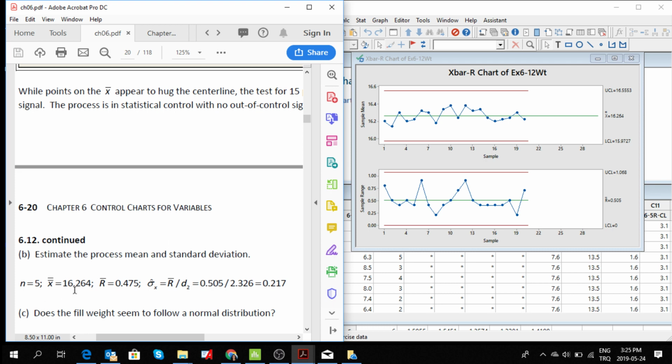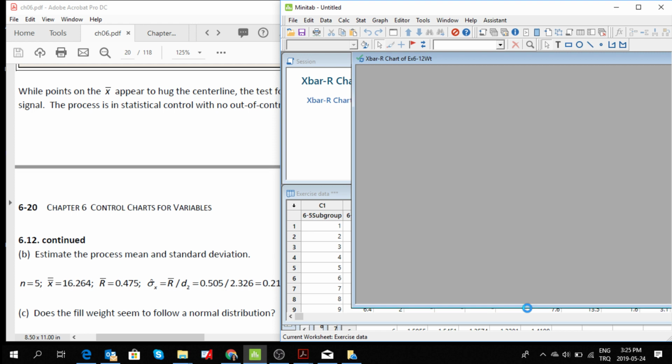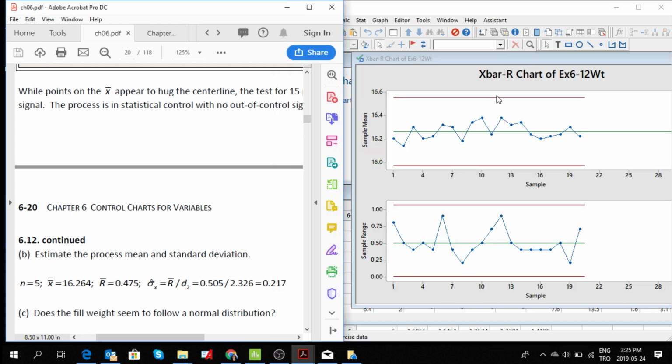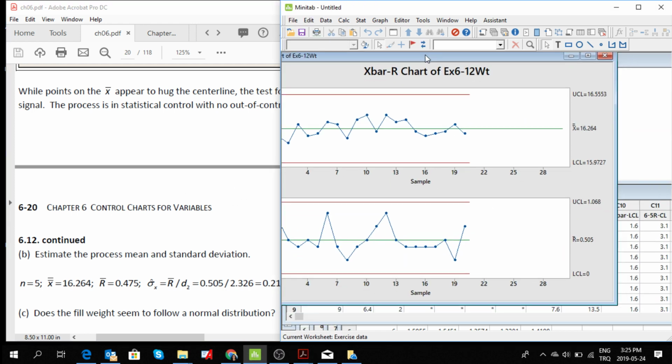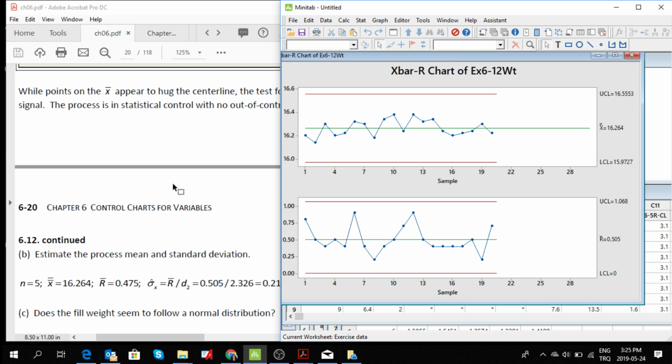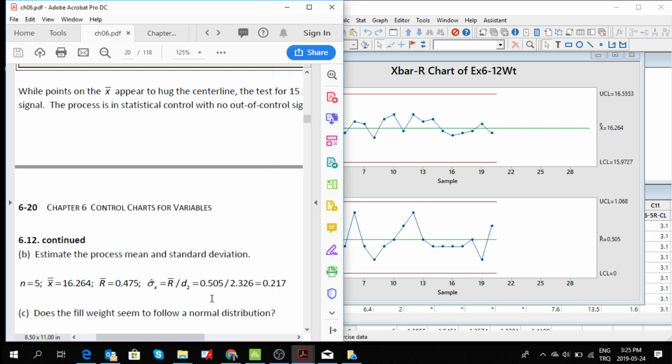So we can copy this here. If I can make it a little bit bigger for you. Yeah, so this is X bar bar here, and then we have the R bar here. This is the mean of the R chart.